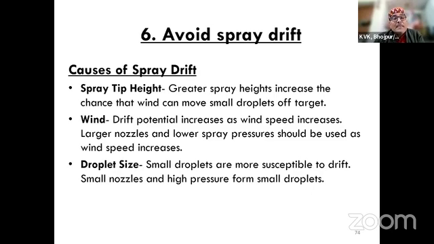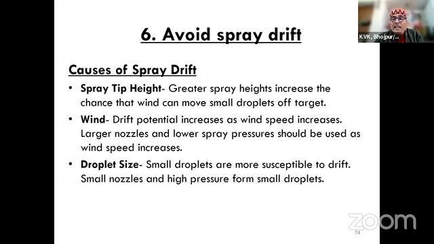Avoid spray drift. Cause of spray drift: spray height. A greater spray height increases the chance that wind can move small droplets off the target. Drift potential increases as wind speed increases. Larger nozzles and lower spray pressure should be used as wind speed increases. Better to say that you should avoid spraying when there is high wind speed.